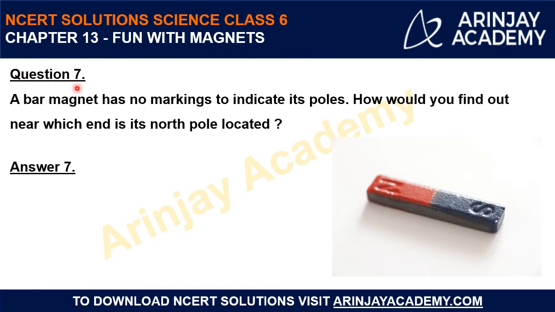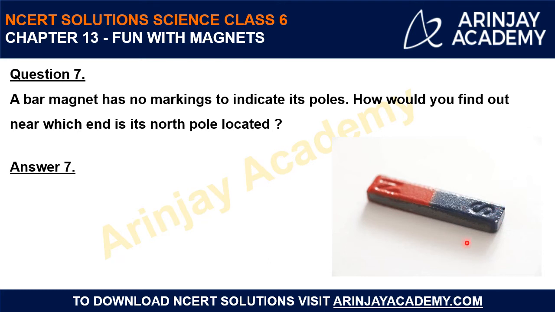So here we have question 7. A bar magnet has no markings to indicate its poles. How would you find near which end its north pole is located? So अगर आपके पास एक bar magnet है, so here you can see from the image, यहाँ पे जो एक bar magnet है, यहाँ पे already north and south pole indicate किए गए हैं.